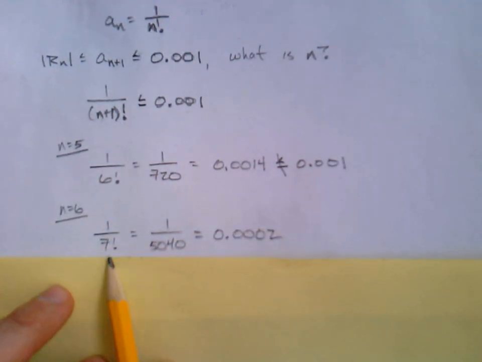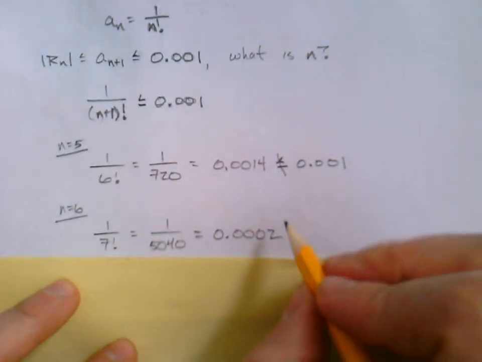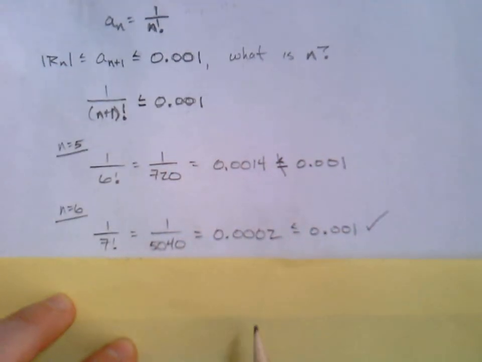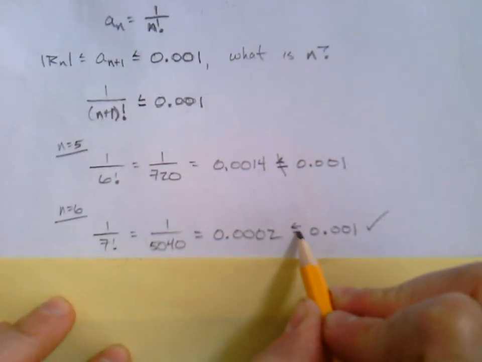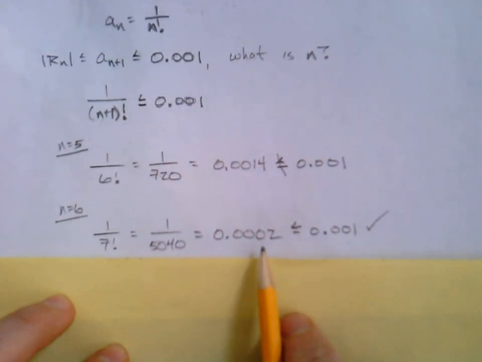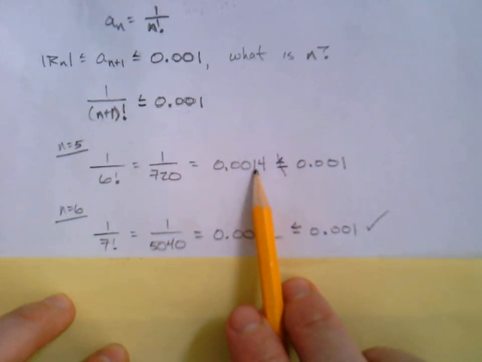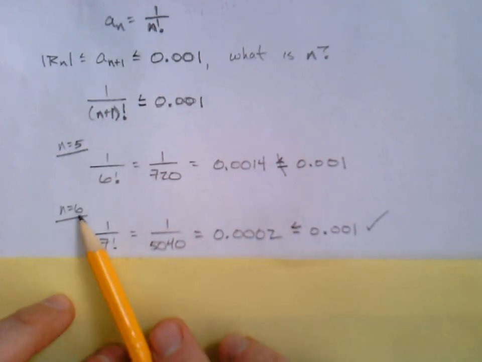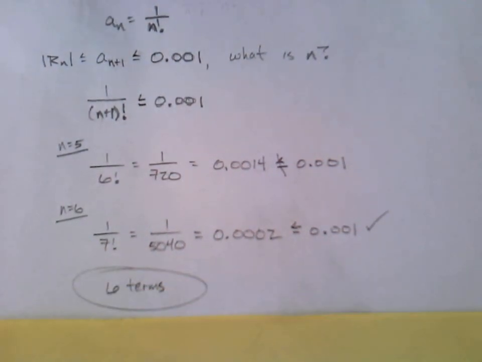So that'd give me 1 over 7 factorial, which is this. And yep, that worked. Not only did it work, but the one previous to it did not work. So I know I need exactly 6 terms for this to happen.